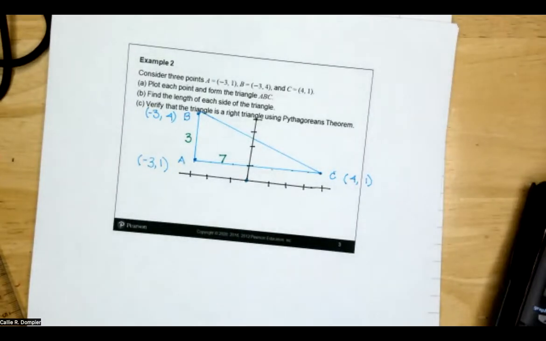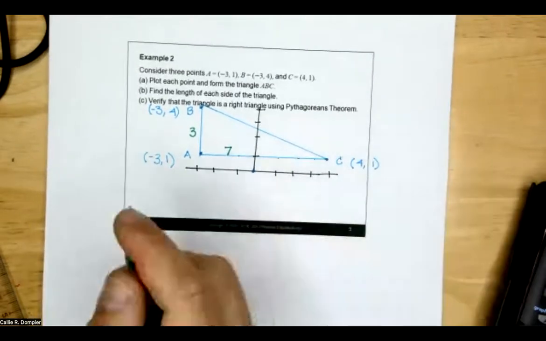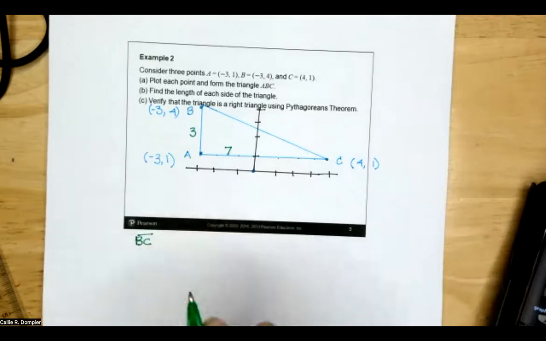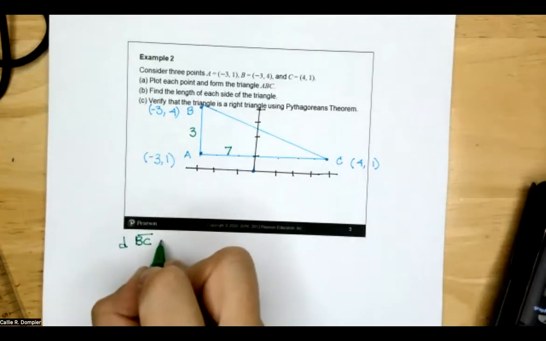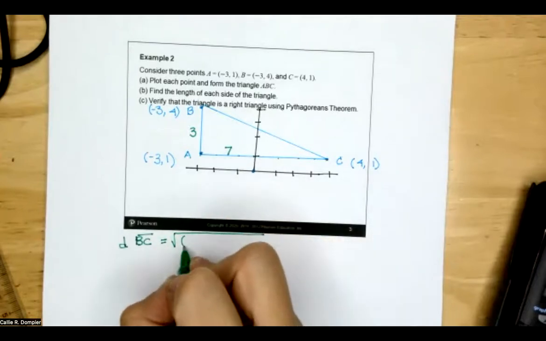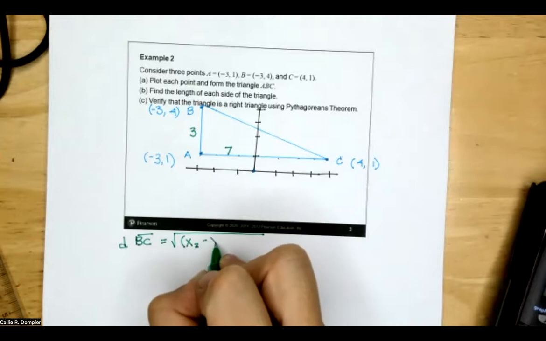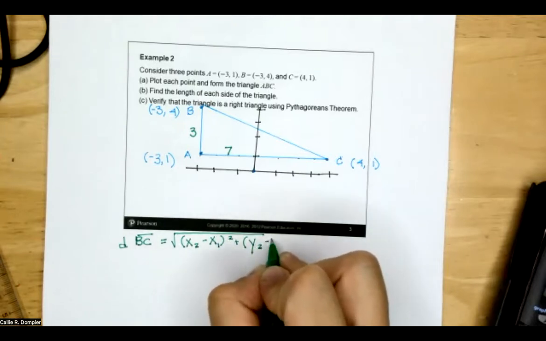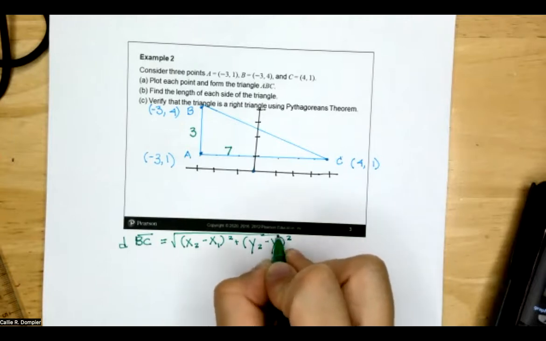It's not vertical, it's not horizontal, so we need to use the distance formula. The distance of line BC is going to be equal to, same thing, right? X2 minus X1 squared plus Y2 minus Y1 squared.